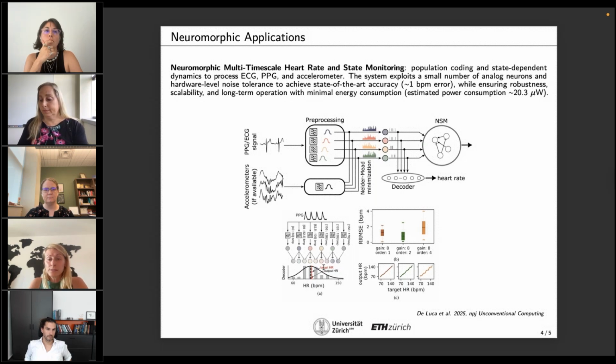By calculating this distribution of the firing rate and looking at the mean, we were able to calculate the heart rate. This is very powerful, because with a bunch of neurons, this system being 6 filters and about 20 neurons, we got an error of 1 BPM, while state-of-the-art deep learning methods now have 4 BPM.